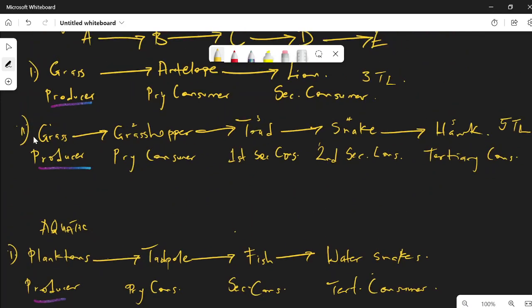Let us look at this particular example. Here, how many organisms do we have? That is why we refer to it as 5 trophic levels, because it has 5 organisms. This one here has 3, that is why it is referred to as 3 trophic levels. But let us look at food web, for example.